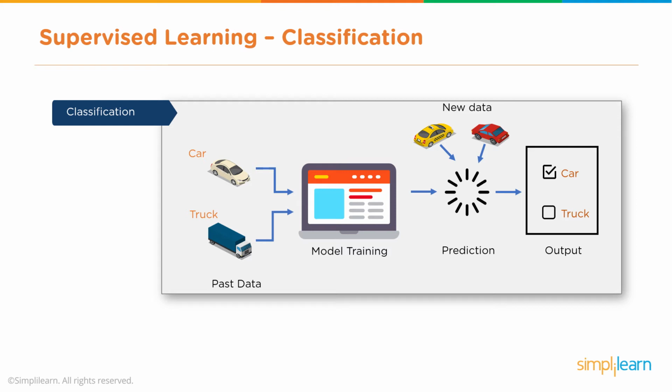But probably intuitively, the color of a car really isn't indicative of whether it's a car or a truck, but the length of the vehicle, or the number of axles, or the weight, or the amount of seating may be more applicable to the algorithm and to training the model.